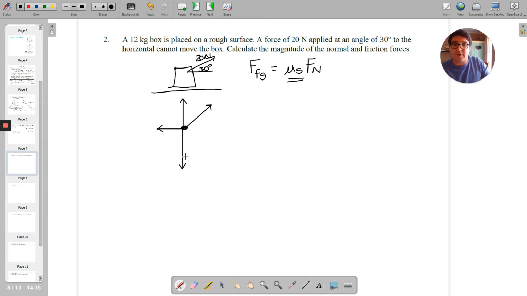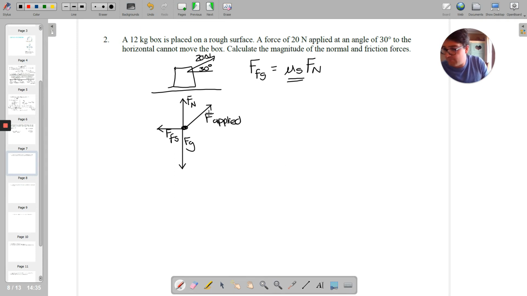So this would be our free body diagram. And I just want to label it, because remember, all free body diagrams have to be labeled. So normal force, weight, frictional force, static, and then our applied force. Okay, so those are the forces acting on this box.